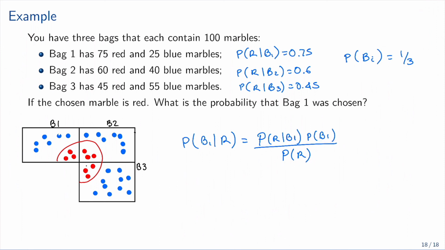So we have all the values, so we can replace: the probability of selecting red given that it is from bag 1 is 0.75 multiplied by the probability of choosing bag 1, which is 1/3, and divided by the probability of choosing red that we have from the previous example, which was 0.6. So the final result is 5/12. That's the probability of bag 1 being chosen given that the selected marble was red.